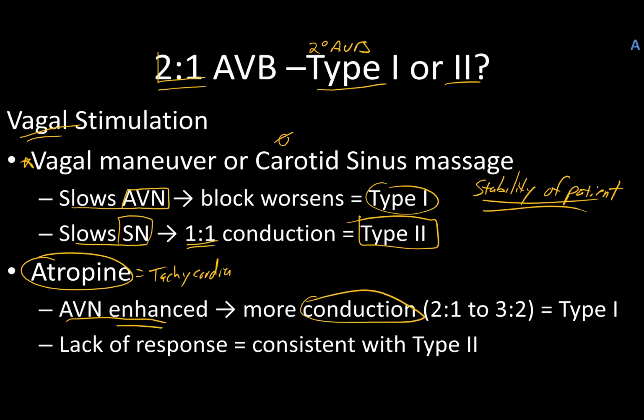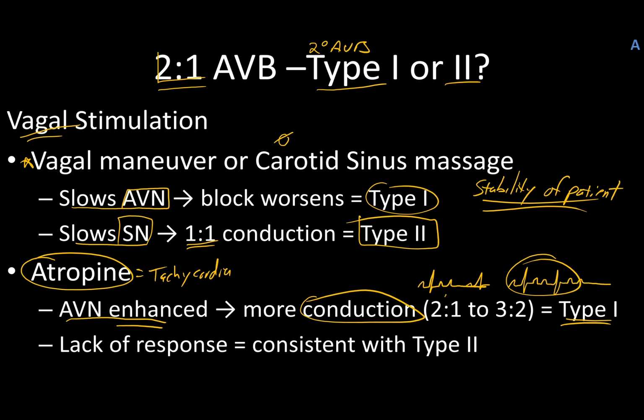So a patient that was doing P wave, QRS, P wave, nothing, will then do P wave, QRS, TP, QRS, TP. So instead of having the 2-to-1 block, here it'll actually give you a pair of beats before it drops. Which is good because then that allows you to measure the PRI and tell the difference between type 1 and type 2.